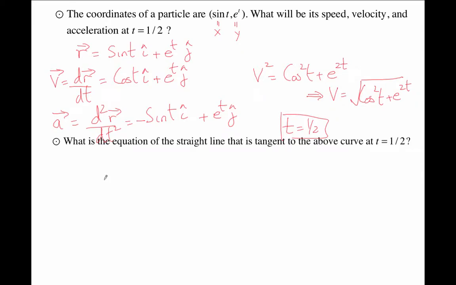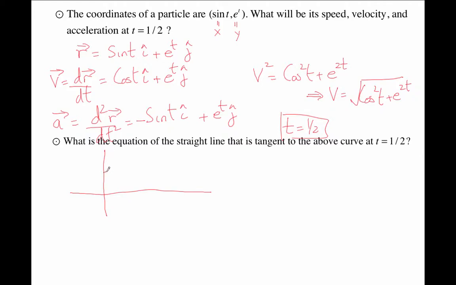Now we are asked, what is the equation of the straight line that is tangent to the above curve at t equal to half? So let's make a rough sketch of this curve. As t increases from 0, sine of t increases from 0 as well. But at t equal to 0, e to the 0 is 1.